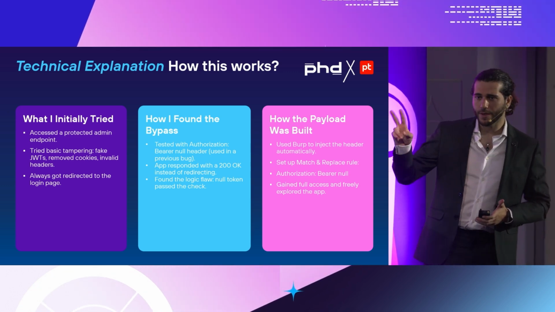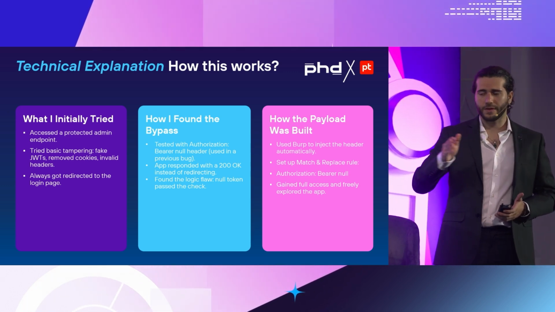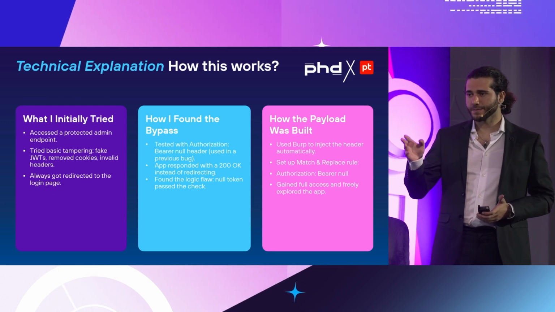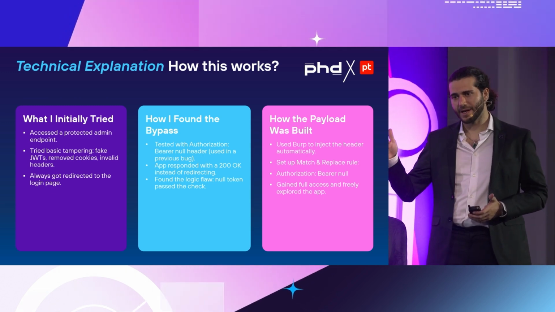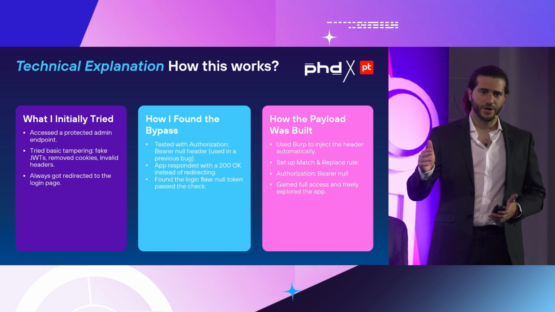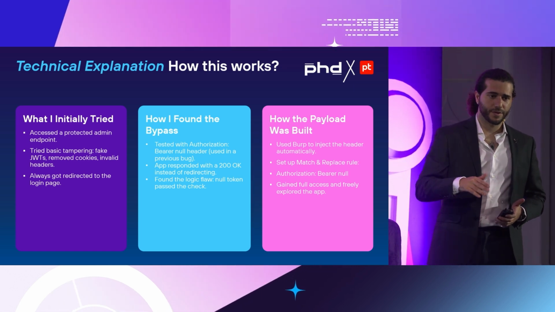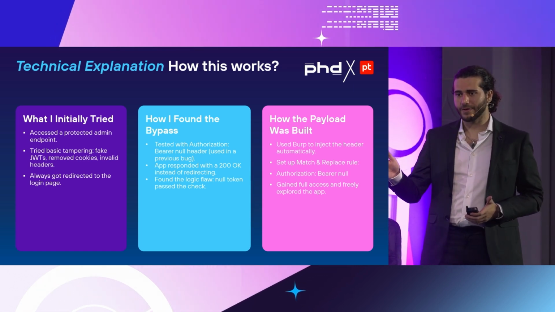In this case, there were two specific things happening. First of all, if you send a valid JWT token in the header, the application will let you in. But if you send something that is not valid, it will not let you in.